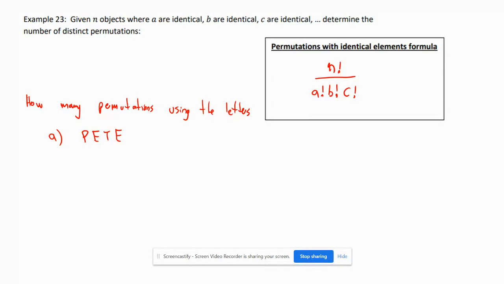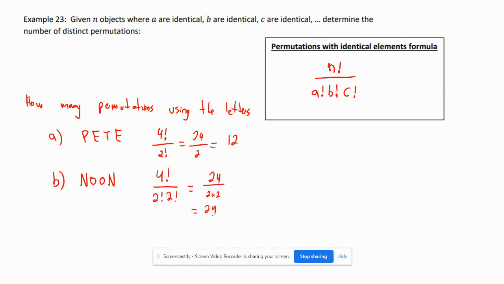Okay, so for this question over here, the answer would be 4 factorial divided by 2 factorial. 24 divided by 2 is 12. Noon. This answer would be 4 factorial divided by 2 factorial times 2 factorial, which is 24 over 2 times 2, which is 24 over 4, which is 6. Okay.